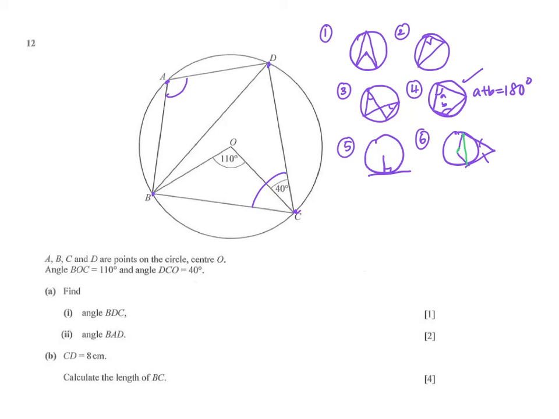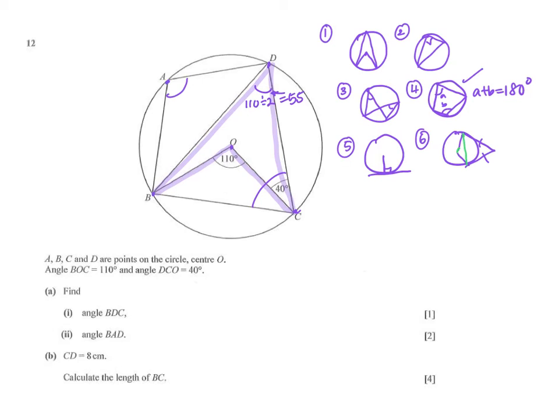And I know that there is a center of the circle, they told me. So I can think of angle at the center is twice angle at the circumference. If this is 110, this angle over here will be 110 divided by 2 to give me 55 degrees.